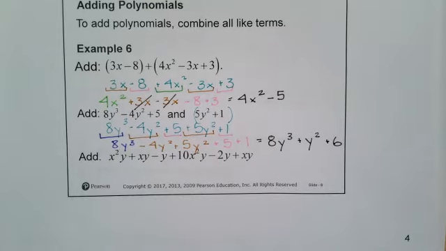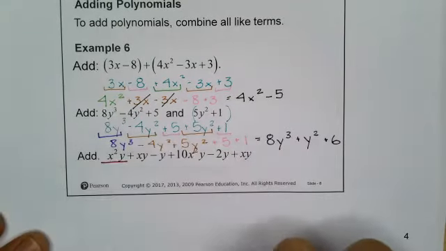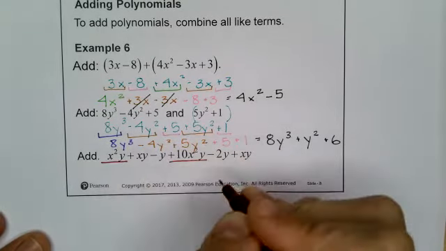Here we have x squared y plus xy minus y plus 10x squared y minus 2y plus xy. So x squared y and positive 10x squared y.